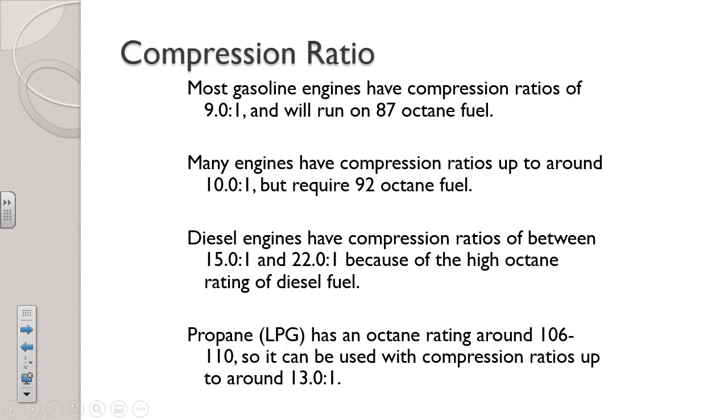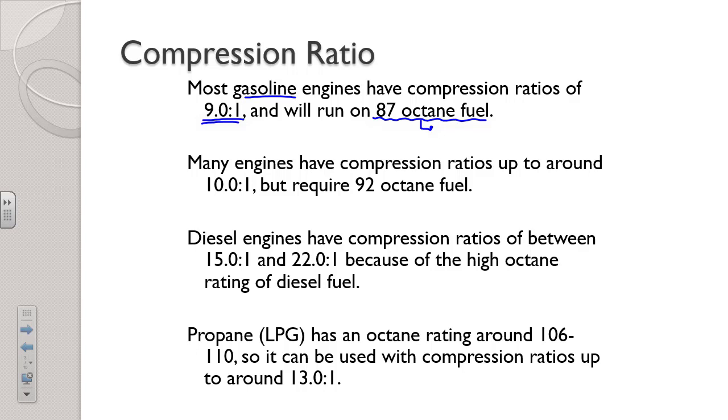So before we get into the math, I want to extend the background a little bit more here. Typical gasoline engines have about a 9 to 1 compression ratio, and that's pretty normal for about 87 octane fuel. Octane is a measure of how much that fuel can be squeezed before it's going to detonate or ignite on its own.